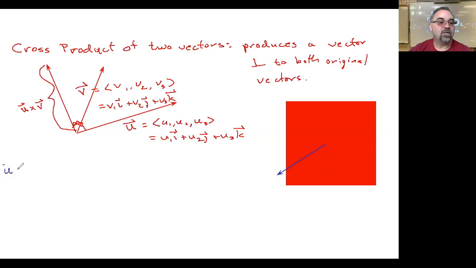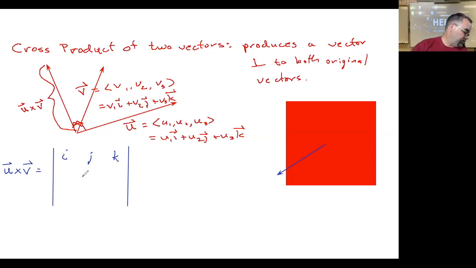And so the cross product then, u vector crossed with v vector, is going to be a determinant. The first row of the matrix is i, j, k.